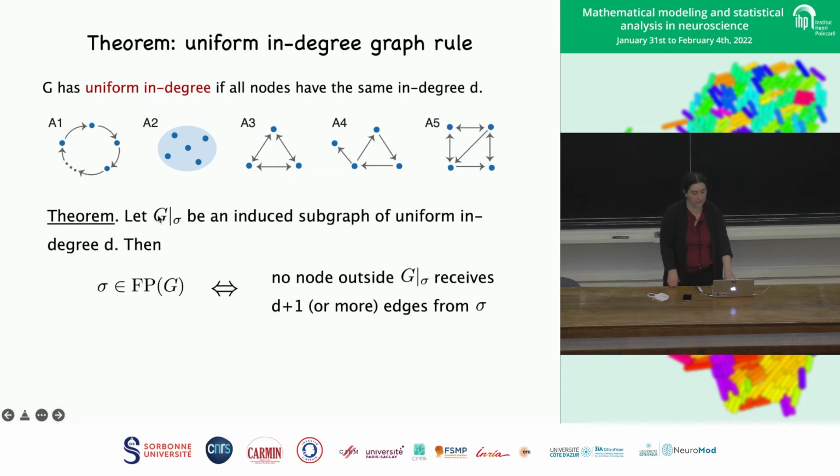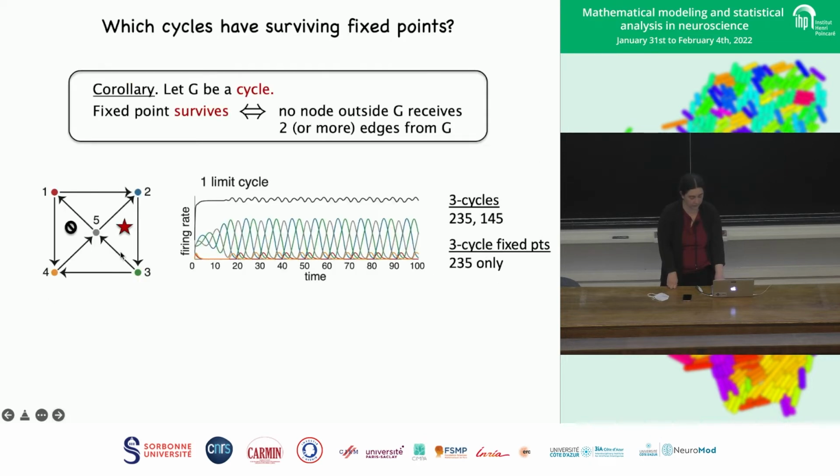If you have in your larger network an induced subgraph that is uniform in degree, then you're guaranteed that the nodes in that subgraph support a fixed point, meaning there is a fixed point where only those nodes are firing and all the other ones are silent, if and only if there's no node outside of the subgraph that receives d plus 1 or more edges from the nodes inside. So sigma is the collection of nodes inside, and d is the uniform in degree.